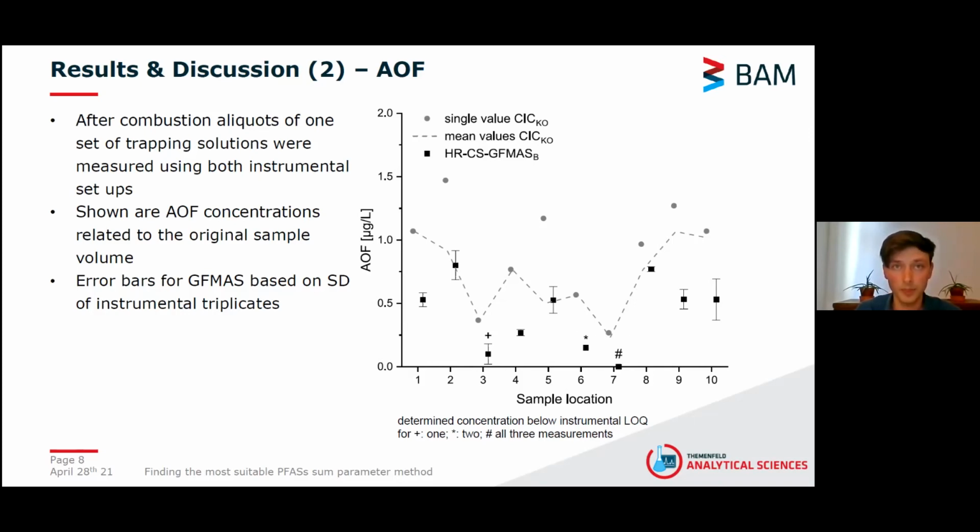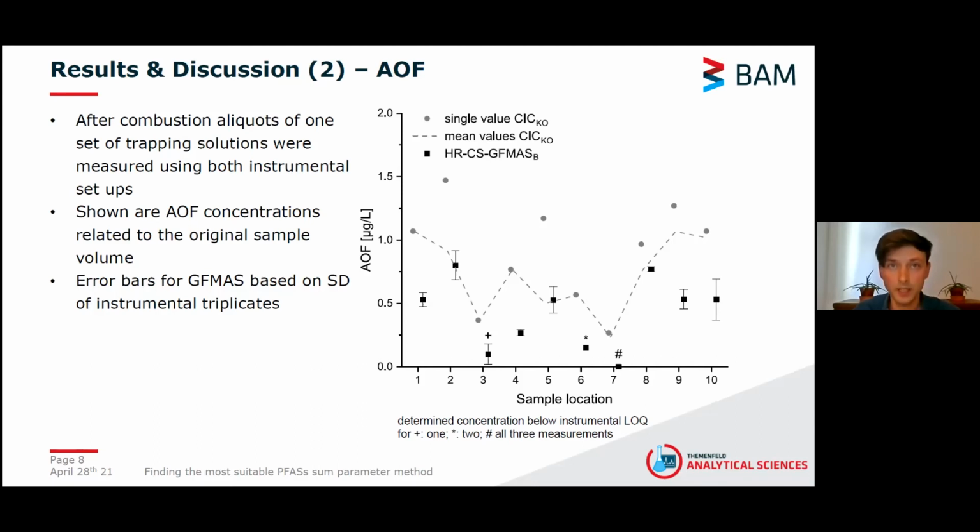It seems that both detection methods are superior for one sum parameter each. The reason here, therefore, could lie in the different substance groups preferred by the different separation methods. As mentioned before, none of the known separation methods is perfect, and both AOF and EOF only represent a portion of the OF.